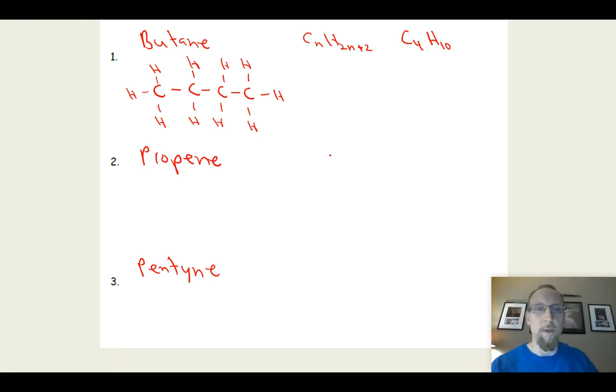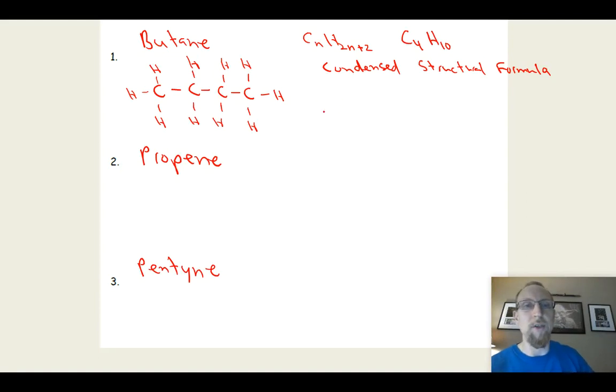All right? So the other thing I want you to be aware of that you might see drawn here is something called the condensed structural formula, which is exactly what it sounds like. They're condensing it. They're making it smaller by pulling in all the H's and just drawing them next to the carbon and then using a subscript to show you how many there are.